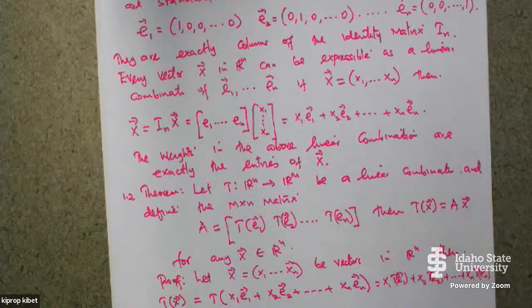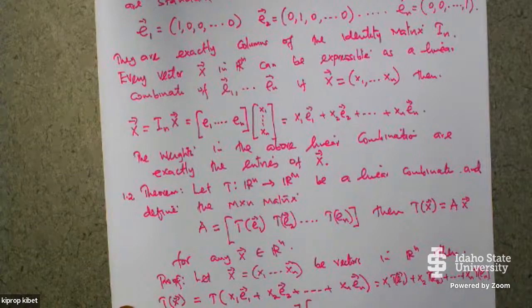Therefore, putting this in matrix form, it is the same as T E1, T E2, T En, multiplied by X1, X2, Xn, which is the same as A X.